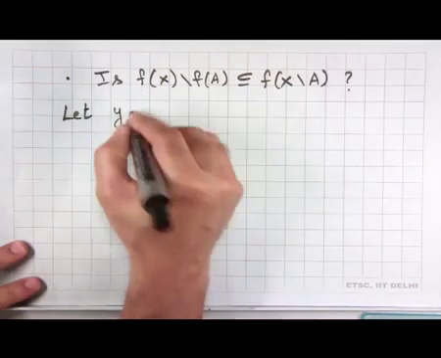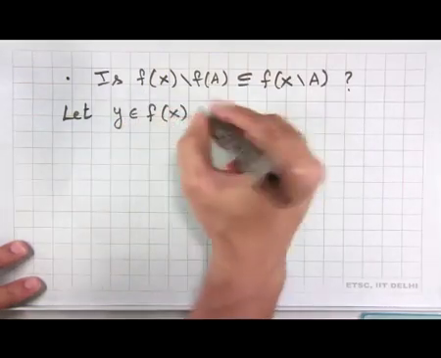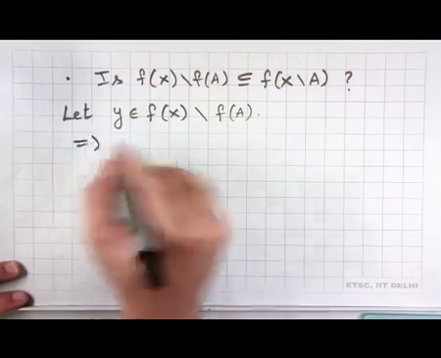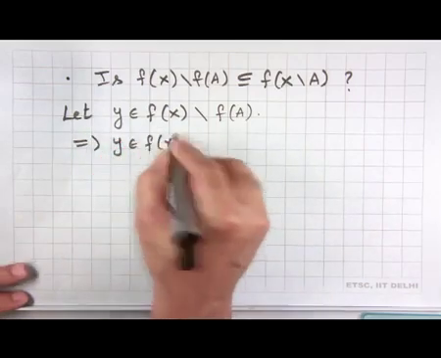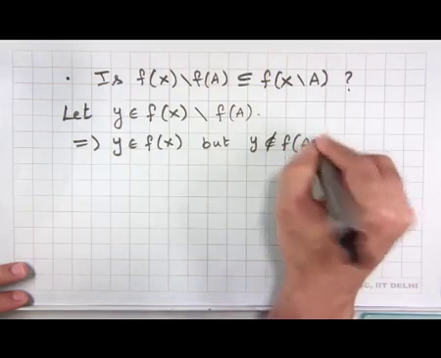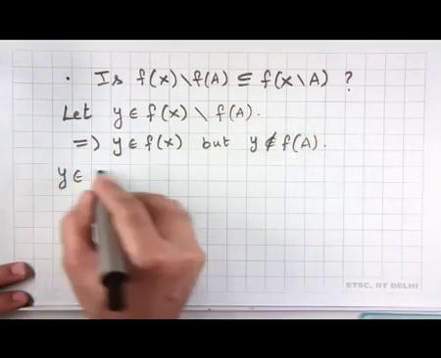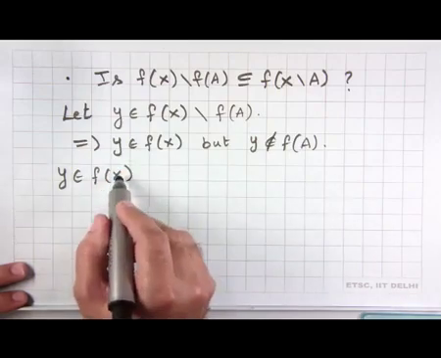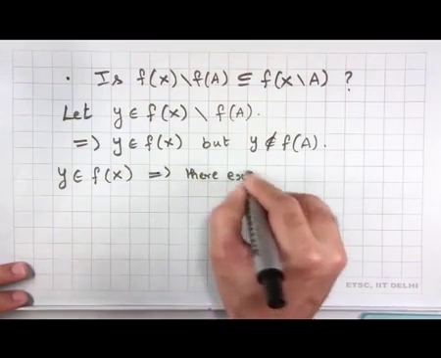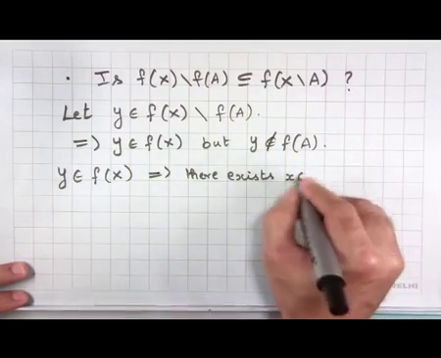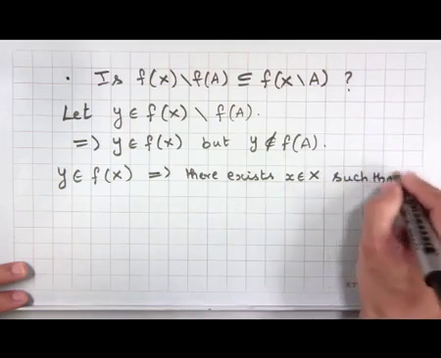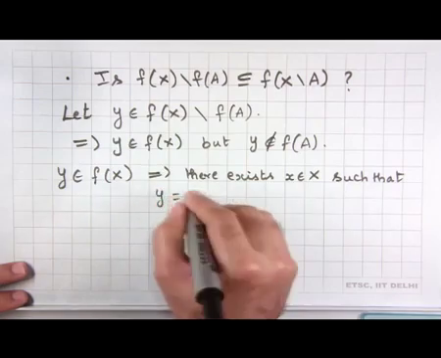Let y belong to f X minus f A. That implies y belongs to f X, but y does not belong to f of A. Now, y is in f of X, the image of X under f, so that immediately implies there exists at least one x, an element of capital X, such that y is of the form f x.